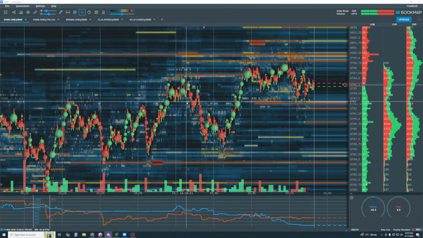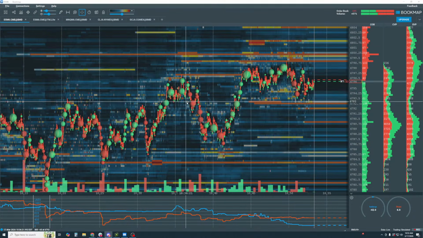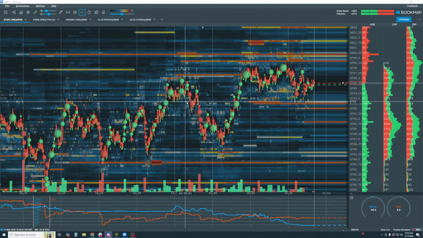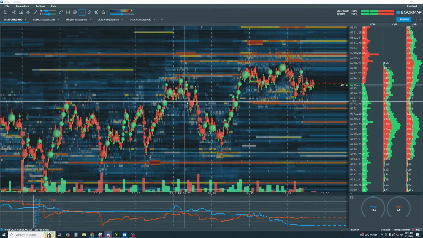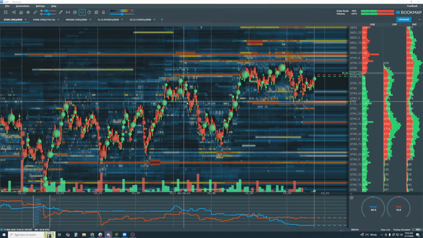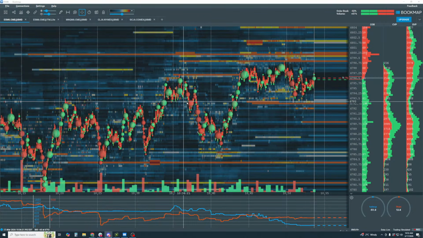Now, there's some reasons for it too. I guess we can always find reasons for one thing or another, but we have FOMC tomorrow. Usually, a day before or the days before, we chop if the market doesn't have any kind of outlook on what that report is going to look like, or maybe they do and it's just not going to move.